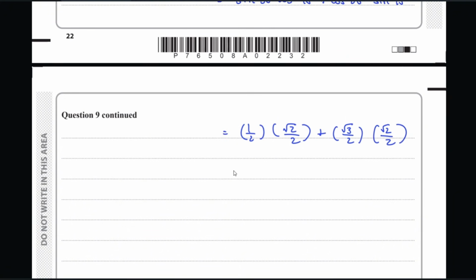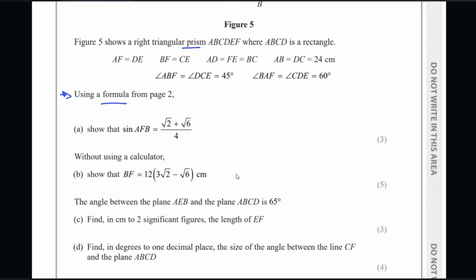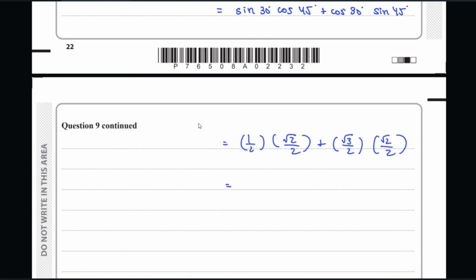So sine 30 is equal to half times cos 45 is equal to root 2 over 2 plus cos 30 is equal to root 3 over 2 times sine 45 is also root 2 over 2. So let's simplify these. Let's check what they want. They want this, root 2 plus root 6 divided by 4.